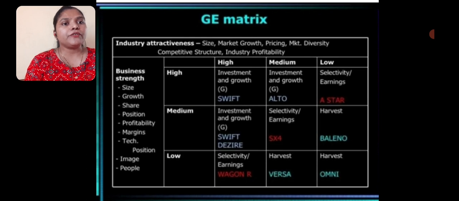Then for 3, 5 and 7, that is the selective earning area, Wagon R, SX4 and A-Star are included. And for 6 and 8, that is the harvest cells, Versa and Baleno cars are included. And the last cell, that is cell 9, includes Omni.